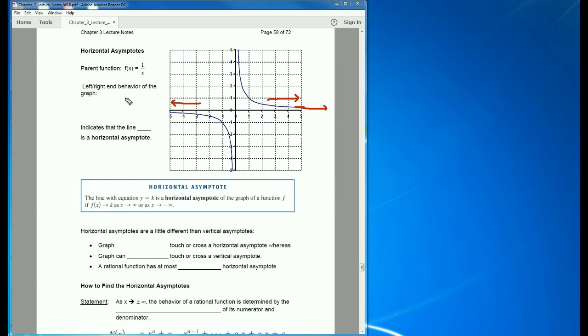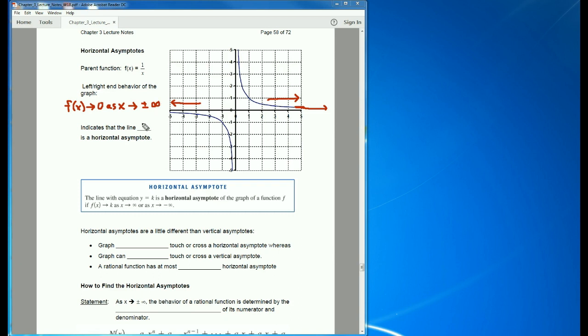So in other words, the left and right end behavior of the graph is the same. We can see that the function value, f of x, or same as y, is approaching 0 as x is approaching either plus or negative infinity.